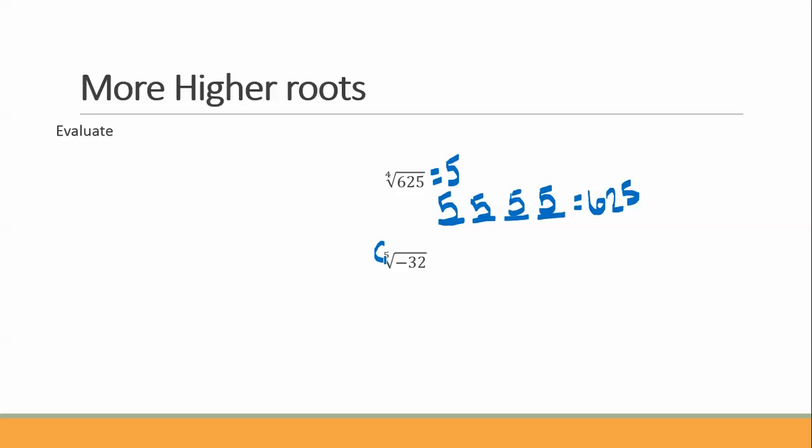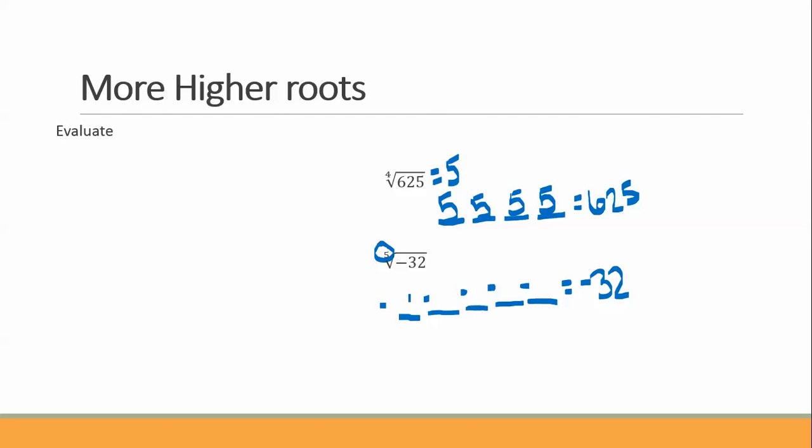This one we have the 5th root, so we need to multiply something by itself 5 times, and that's equal to -32. Notice we have that negative in there again, and it is an odd index. We'll talk about index in just a second. It is an odd index, so that means that we can do that. So we're going to have negatives. If you think about it, negative times negative is positive, times another negative would be negative, times another negative would be positive, times the last negative would be negative.